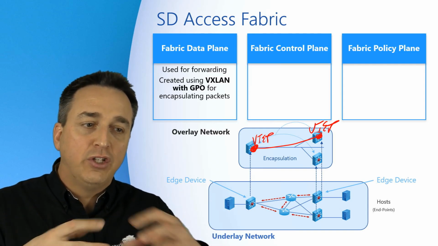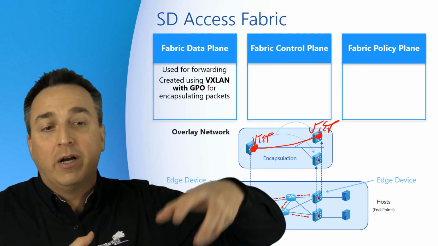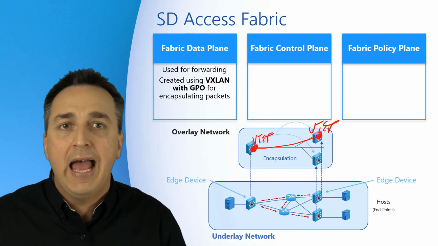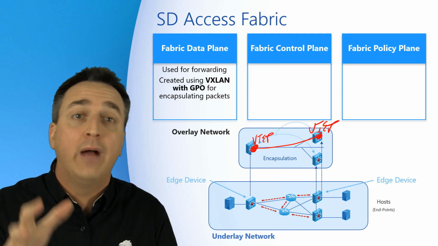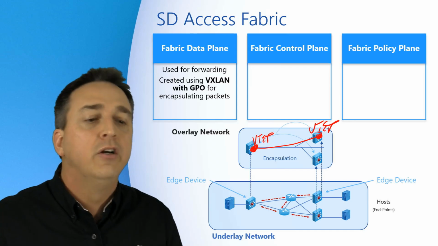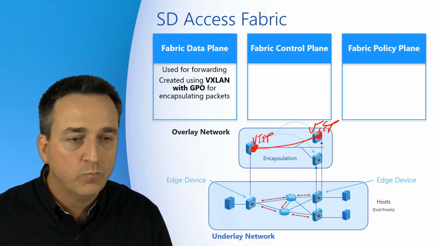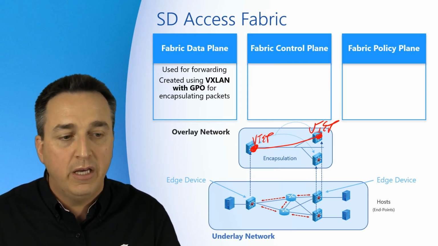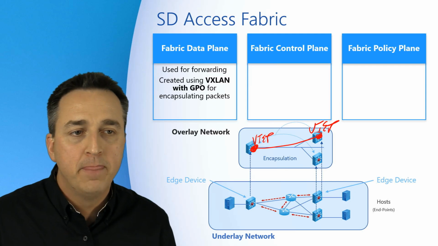Group Policy Extensions allows us to add more fields to the virtual network identifiers so that we can add in our security group tags and other things that are allowed with the group policy extensions. But the most important thing there for you to recognize is with group policy extensions, we can support what? TrustSec and security group tags that go along with TrustSec. Okay, so that is our fabric data plane, VXLAN with GPO, encapsulating packets, point A to point B. You got to know that.